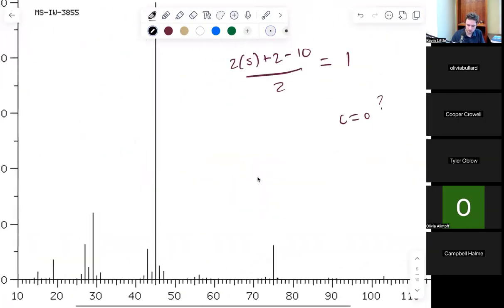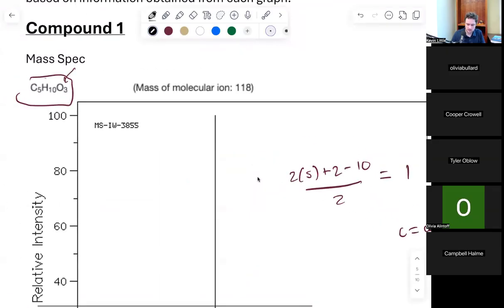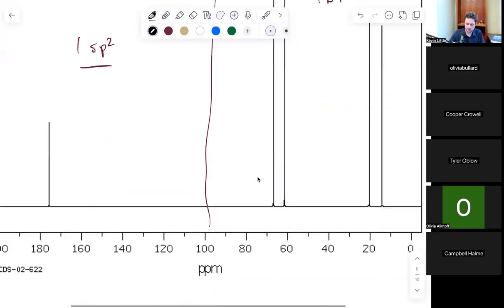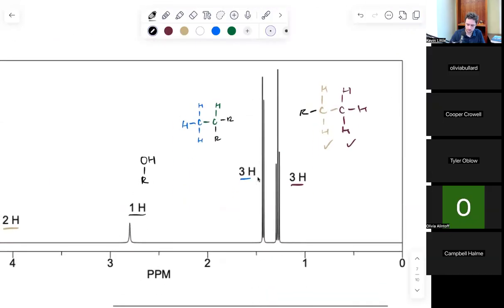I'm going to go back and look. C5H10O3. So I've explained C4.